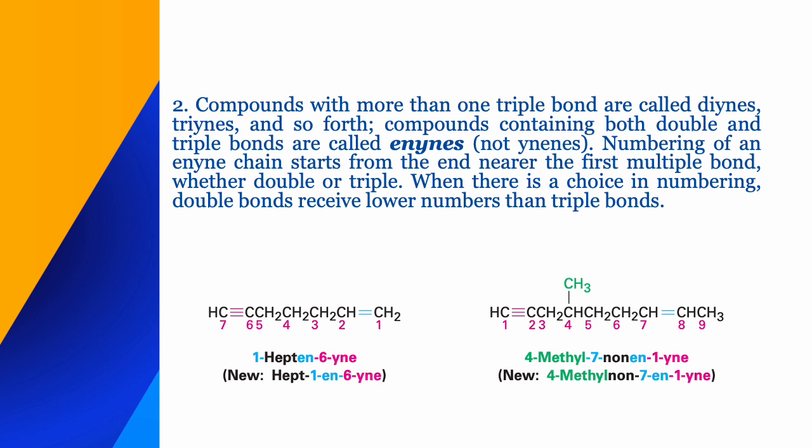But if we are going to use the other end, we have the triple bond in carbon 1 and carbon 2. But as mentioned in the rule, the double bond shall receive the lower number than the triple bond. So thereafter, the assigning of numbers to the carbons shall start from right to left. Okay, so we have now indicated here numbers for the carbons from right to left.